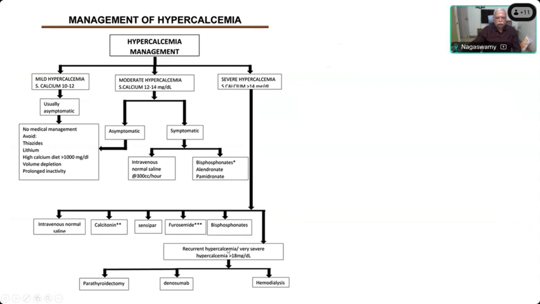For recurrent, very severe hypercalcemia, you can do parathyroidectomy, you can have an antibody injection, and lastly hemodialysis. So sometimes you may get a case of parathyroidectomy for hypercalcemia which is not amenable to medical management. So you have to know this particular condition.